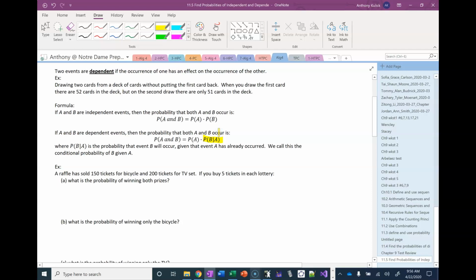That's the probability of B, and then the vertical line there stands for given that, we'd say event A has already occurred. So we call this a conditional probability.